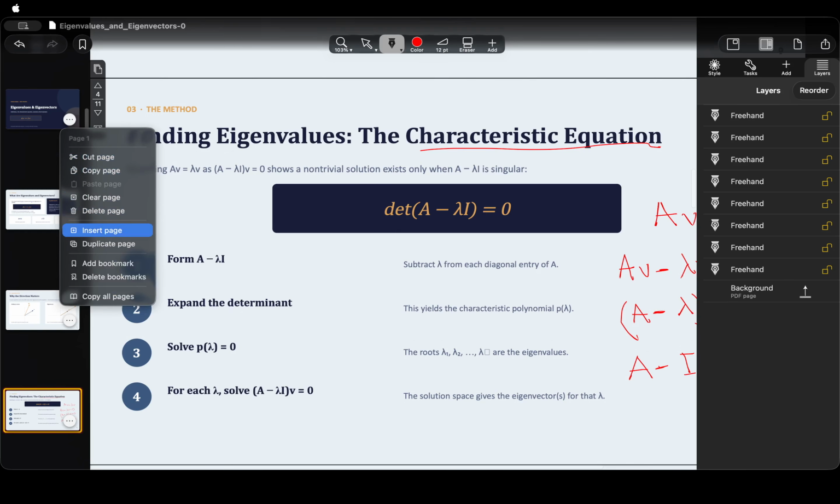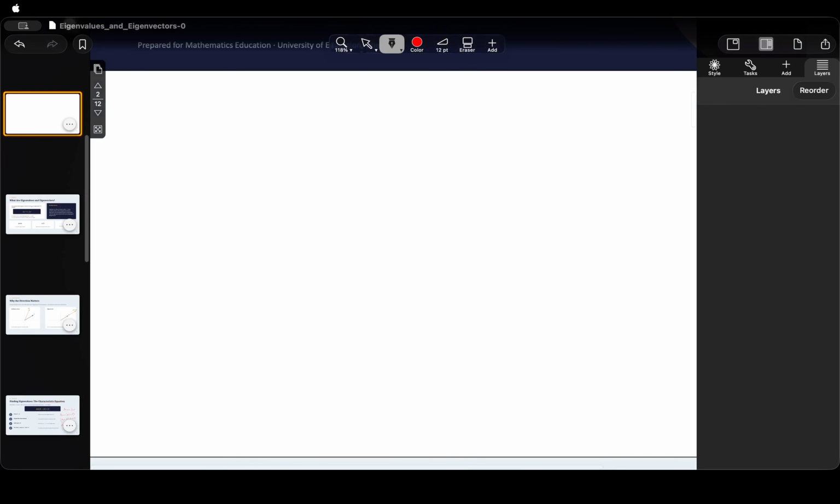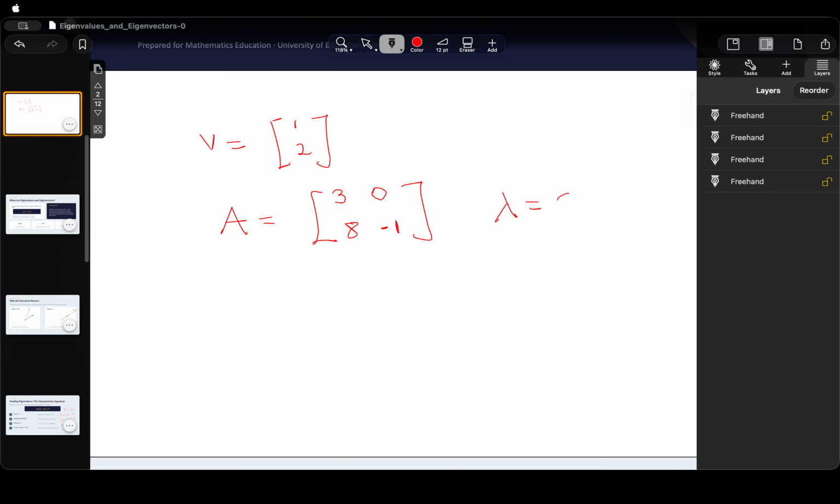Let's say I have a vector v equal to (1, 2), and this vector v is an eigenvector of the matrix A. Our matrix A has entries 3, 0, 8, -1, with a corresponding lambda equal to 3.